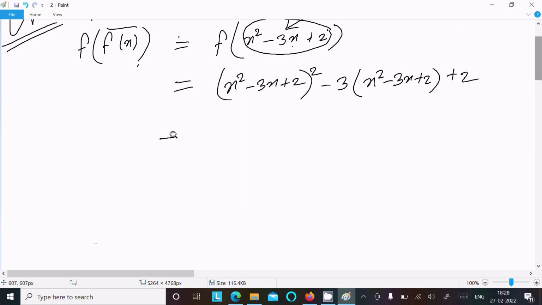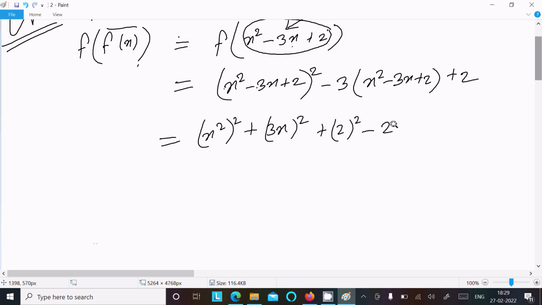Here we need to use the formula (a - b + c)². So this is x², and (3x)², 2², and the cross terms are minus because this is plus, this is minus.